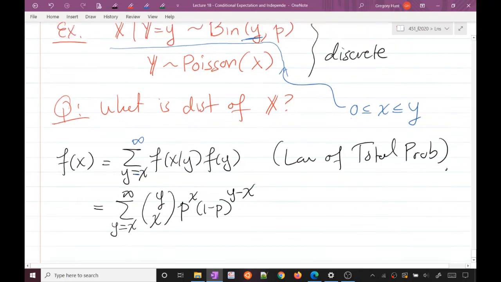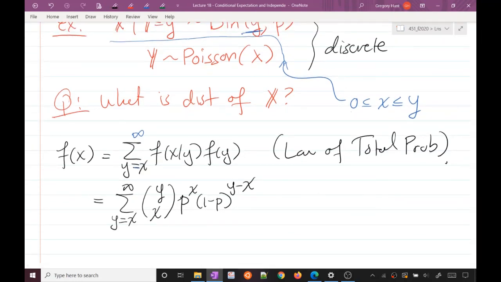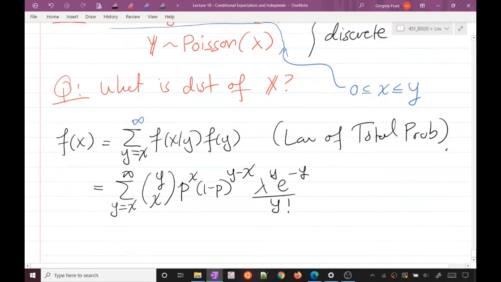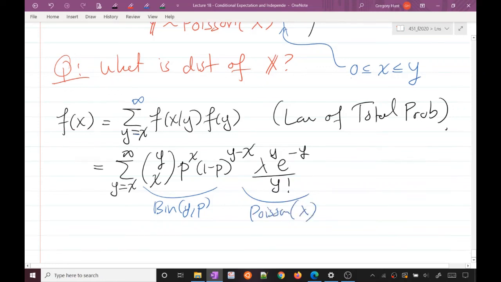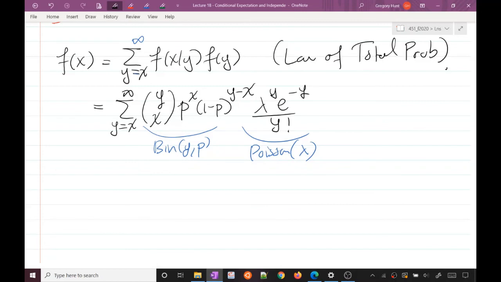And f of y is a Poisson. Poisson random variable is lambda to the y, e to the negative lambda, over y factorial, right? So this is a binomial y, p, and this is a Poisson lambda. From here, it's just some tricks and manipulations.